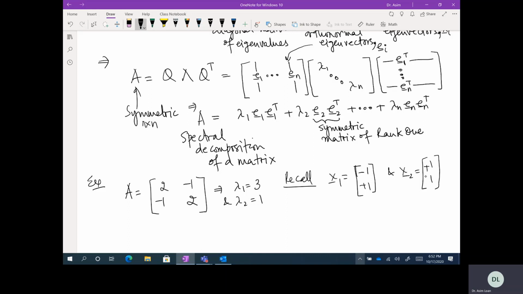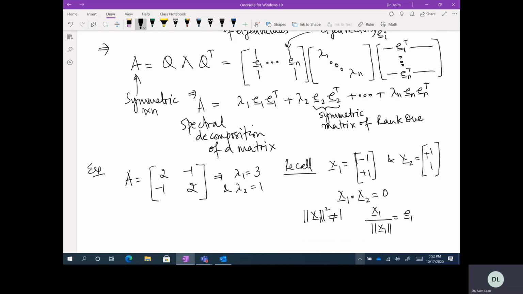But the problem here is these are orthogonal, so x1 dot x2 is 0. However, x1 norm squared is not equal to 1. So what I can do is divide x1 by x1 norm. If I do that, I get E1.